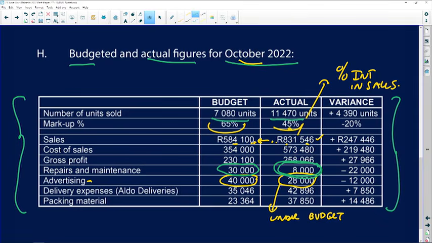Because in any business, repairs and maintenance is something vital. Remember, if you are not maintaining your equipment, and you don't service your equipment, you will not be able to provide a service to your customers, and that could hinder performance by a business.